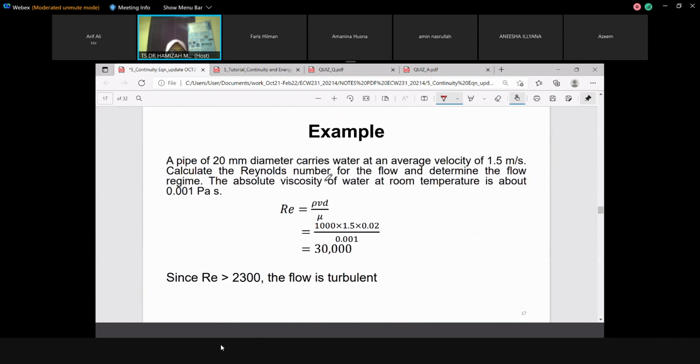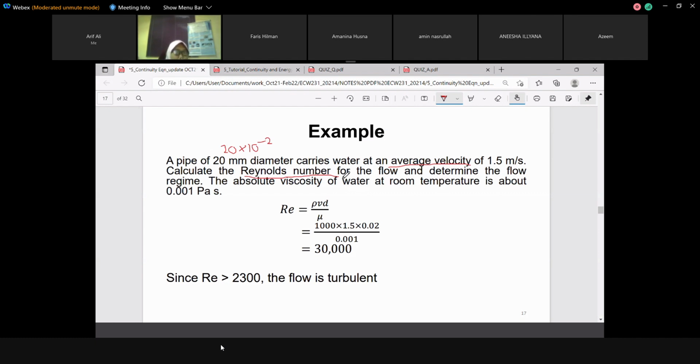Okay, let's go through a question. It gives the diameter of the pipe as 20 mm. Need to change to meters, so it is 20 times 10 to the negative 3. Milli is negative 3. Okay, and then the average velocity of the water flow is 1.5. This is a direct question because they ask you to calculate the Reynolds number.